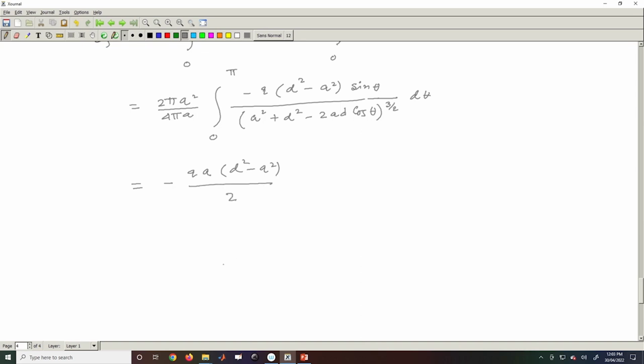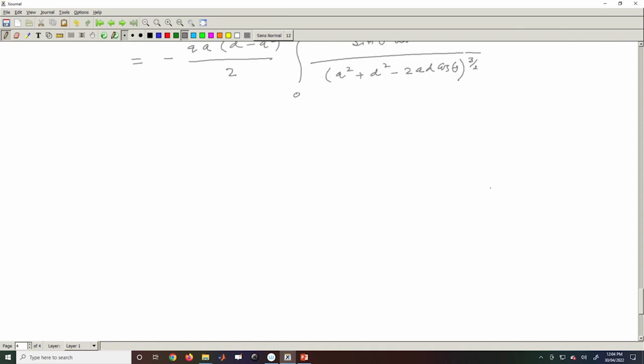Then 0 to pi, the integration, we simply have sine theta d theta, whole divided by this term, a square plus d square minus 2 a d cos theta whole to the power 3 by 2.